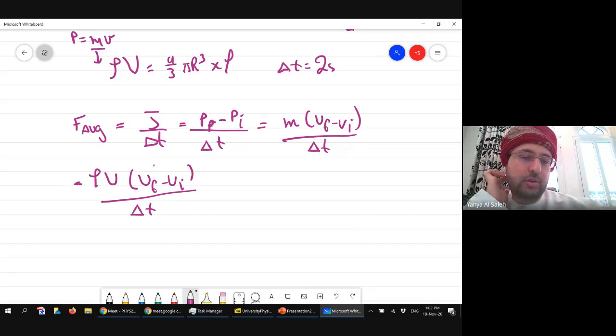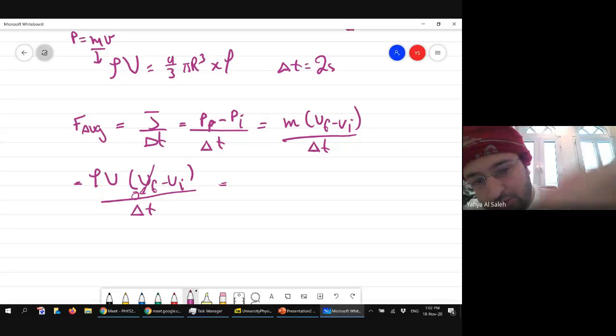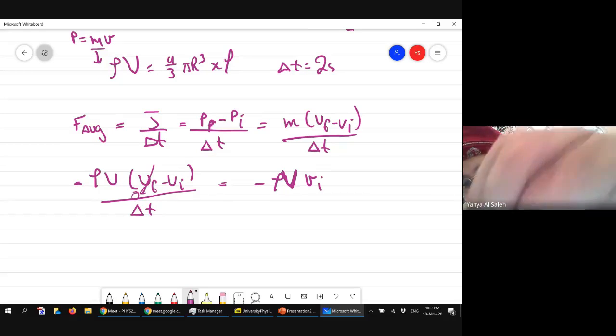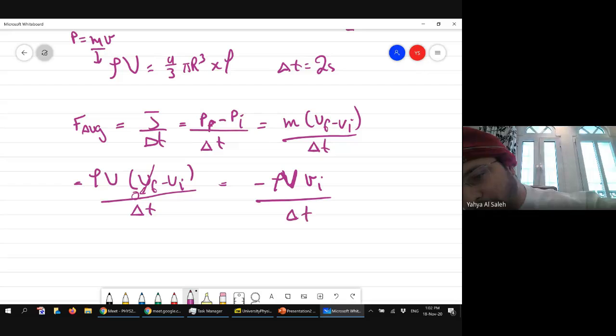My v final is going to be simply 0 because we are stopping the meteor from moving. So it's going to be equal to minus rho V v_i over delta t.